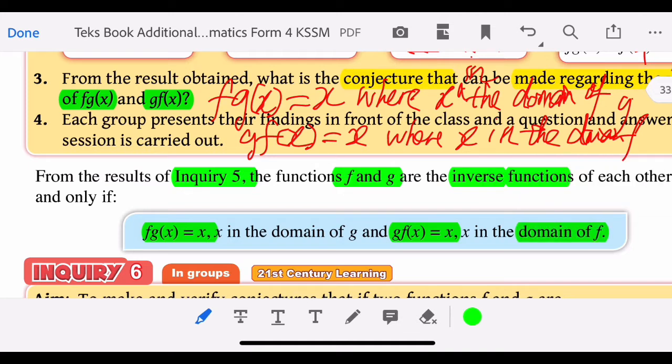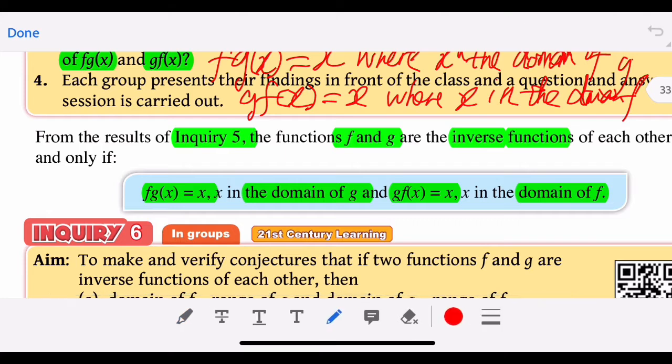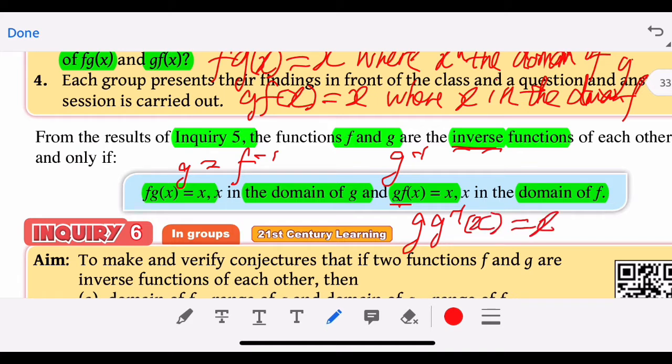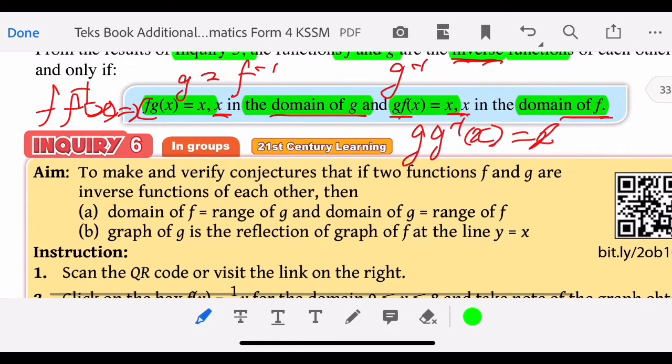Here x must be in the domain of f, and here x must be in the domain of g. This is a very important concept.